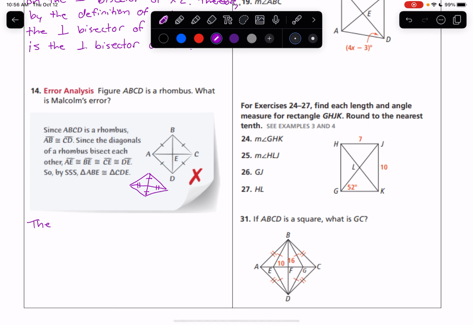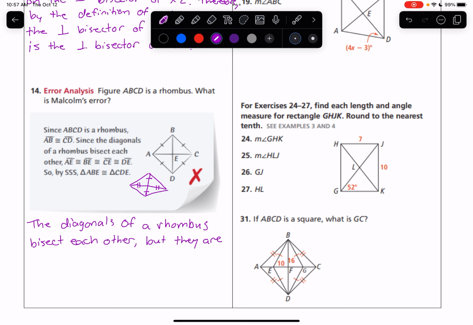So the diagonals of a rhombus bisect each other, but they are not necessarily congruent.